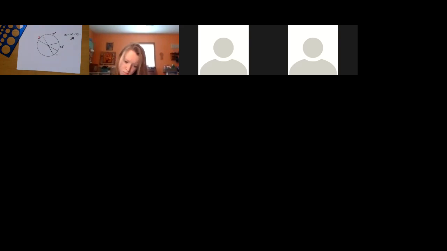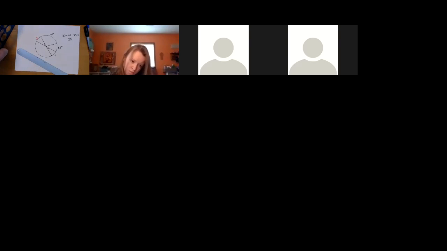Yes, it's the same for the same reason. If you looked at it like this, it's the same half circle. Taking away the 55 and the 100 gives me the same number on the other side.